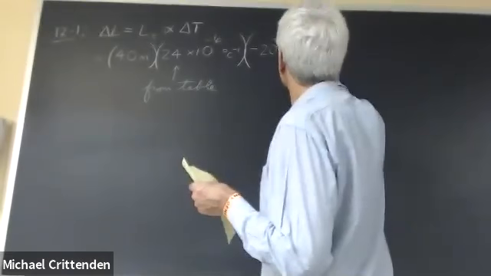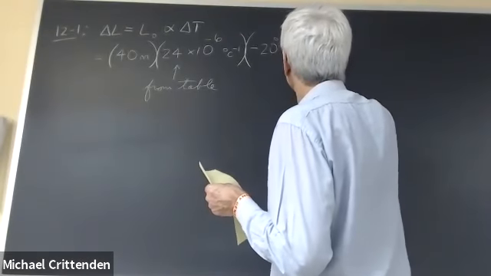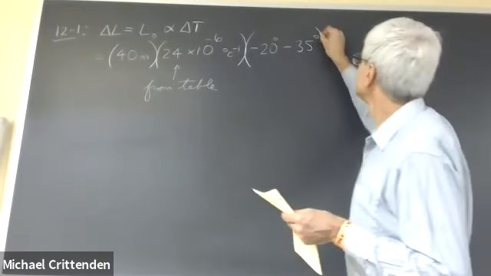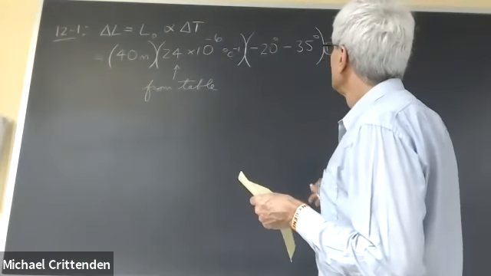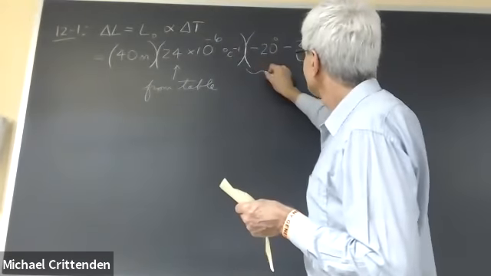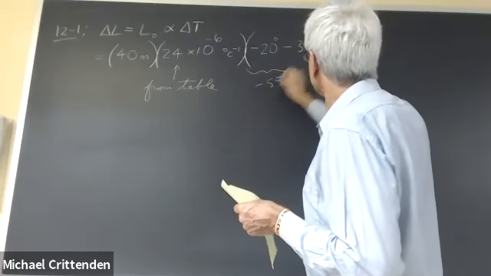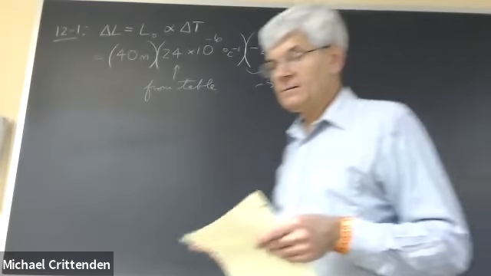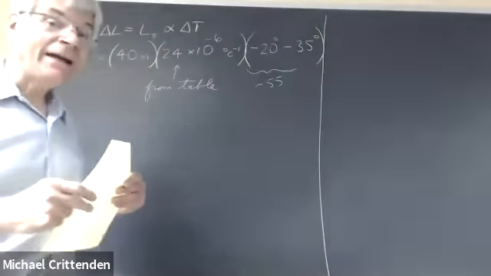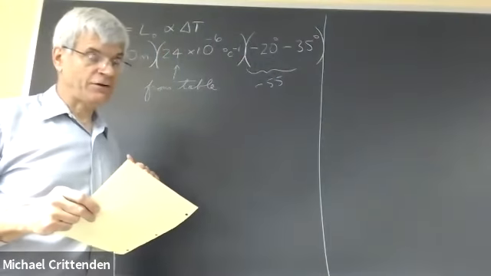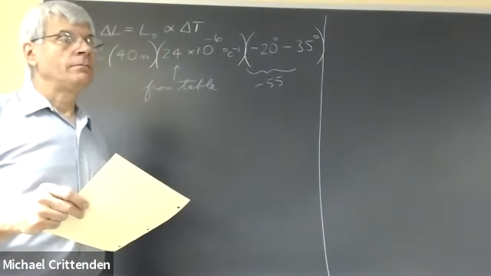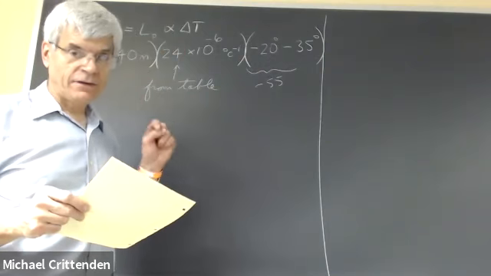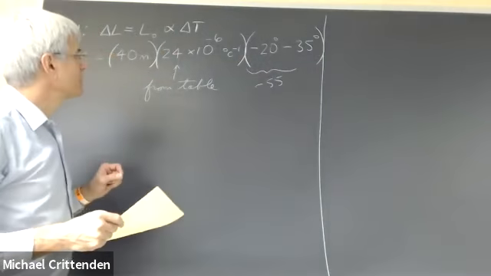Originally, it was at positive 35. So delta T technically is negative 55 degrees. Like delta anything, increases are positive, decreases are negative, okay?